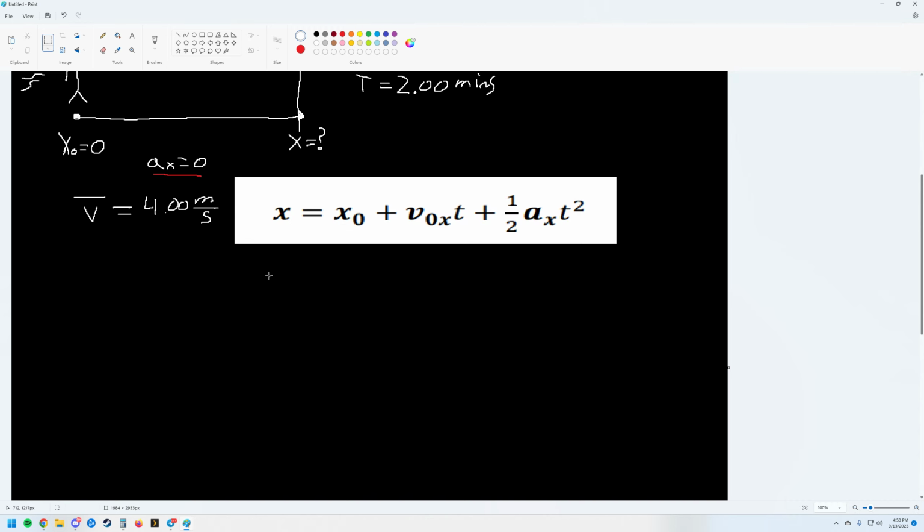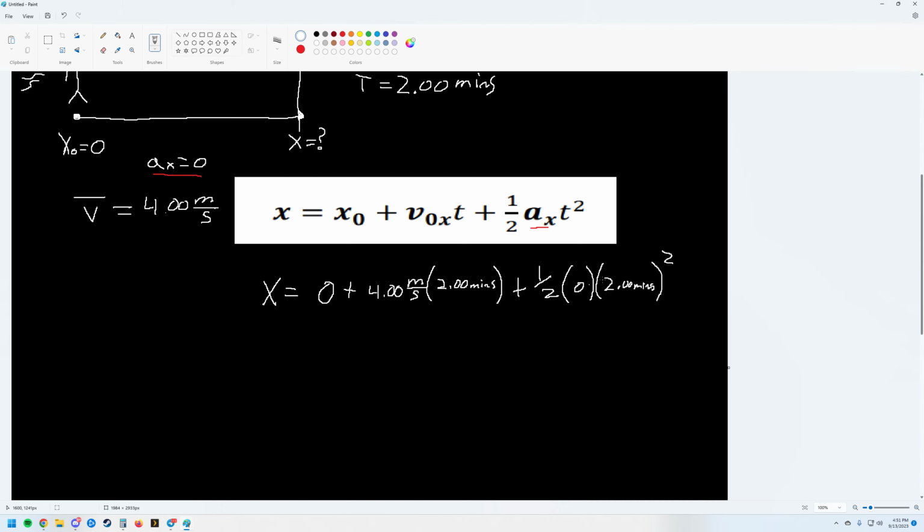If we were to write this out, we would get x, which we still don't know, equal to x0, our initial position, which is 0, plus our initial velocity, which we are calling 4.00 meters per second, times time, which is 2 minutes, plus 1/2 the acceleration of x, which we're calling 0, times time, 2.0 minutes, squared.